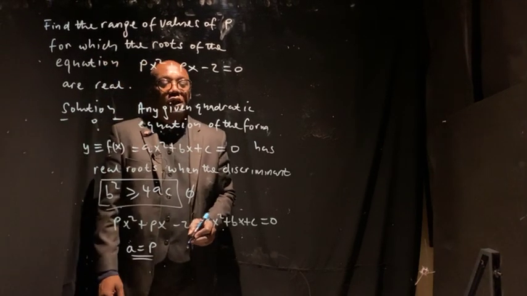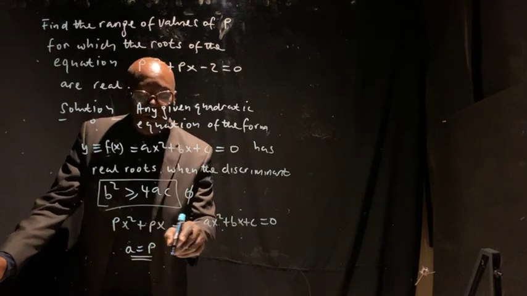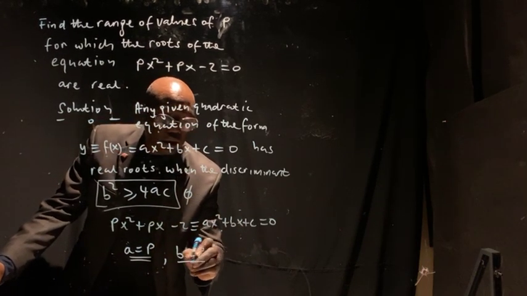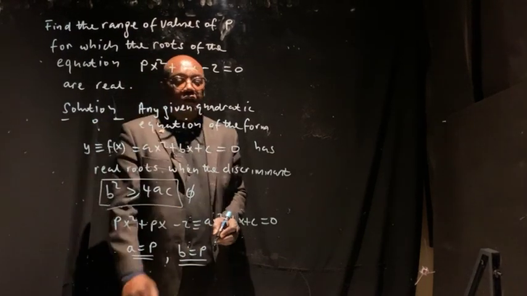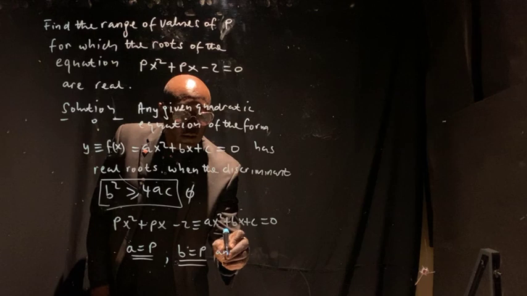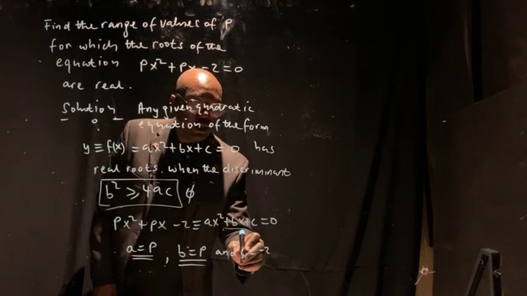Comparing the coefficients of x, we can see that b is also equal to p. Comparing the constants on both sides, we can see that c equals minus 2.